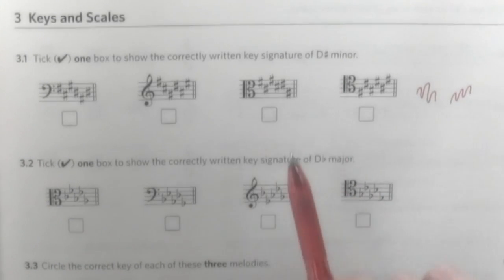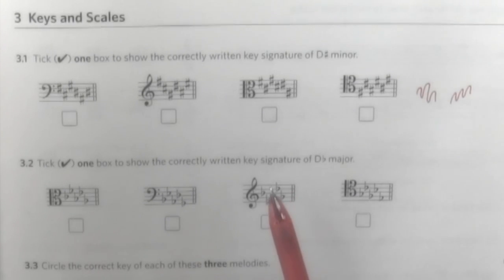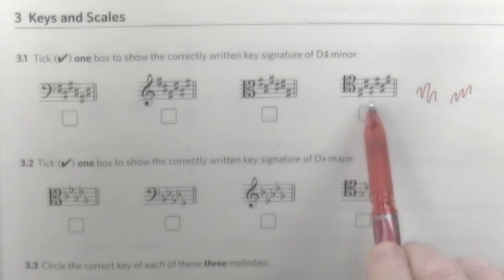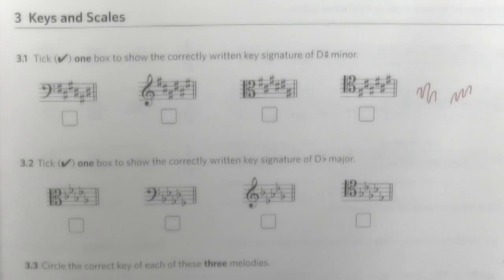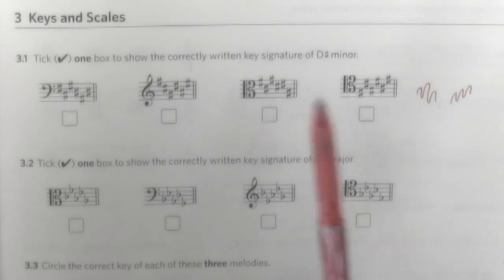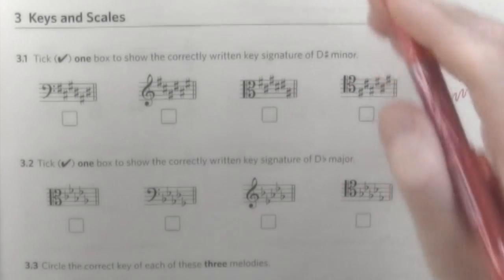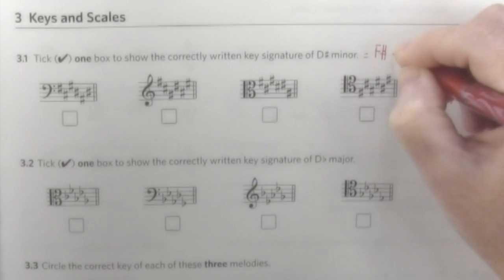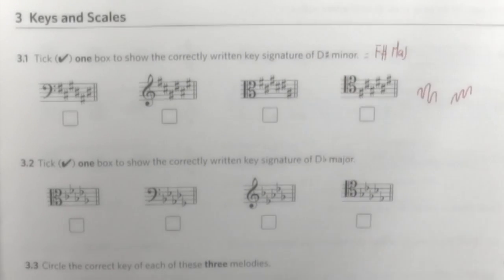We need to identify the number of sharps, but we have 2, 4, 6, 2, 4, 6, 2, 4, 6, 2, 4, 6. So even without knowing that D sharp minor has the same key signature as F sharp major, so 6 sharps, we know that there are 6 sharps because it's the only option we have.